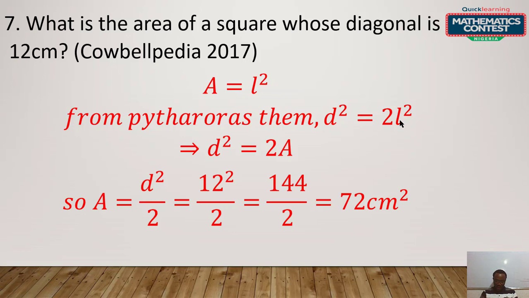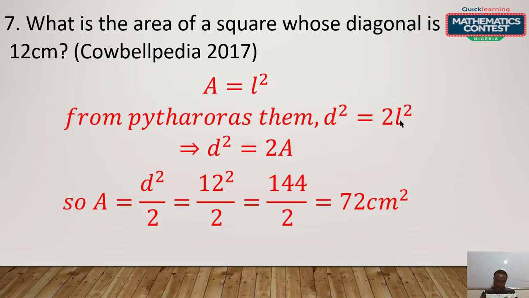Draw a square. Each side of the square is L, so the area of the square is L squared. We all know this. Now draw a diagonal of this square and call that diagonal D. You know each angle of a square is 90 degrees, so what we have there is a right angle triangle.